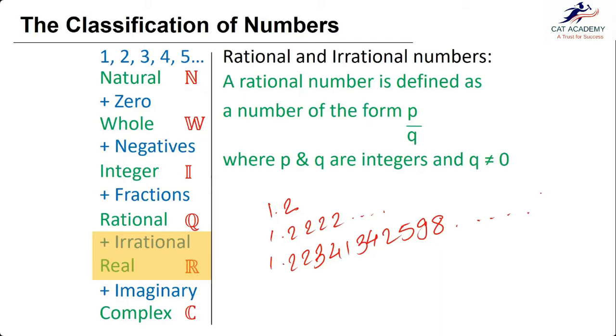Terminating, recurring, and non-terminating, non-recurring. Right? So which of these three types would you call as rational? Important question. Which of these three types would you call as rational? Type 1 and type 2.